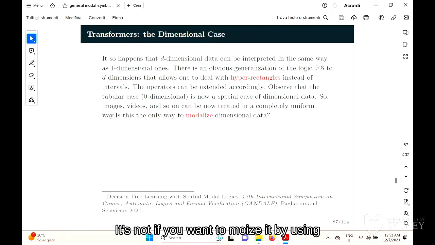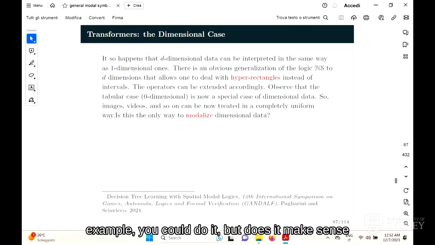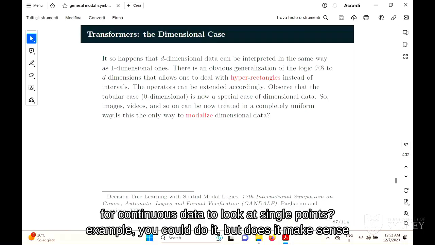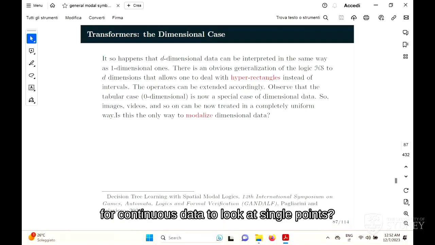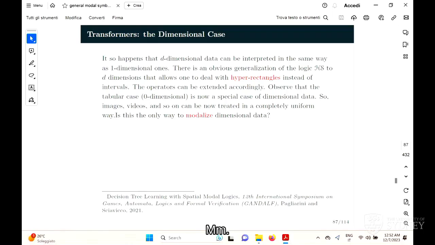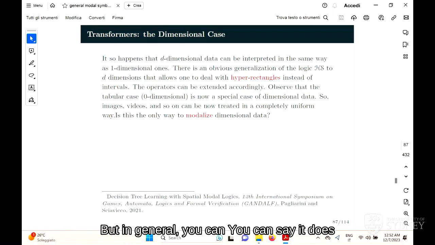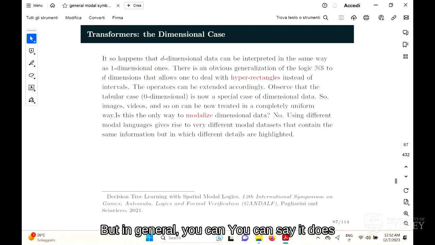I said it before, it's not. If you want to modelize it by using point-based temporal logic, only the modal one, not the until, for example, you could do it. But does it make sense for continuous data to look at single points? Maybe in some problems it does, but in general you can say it does not.